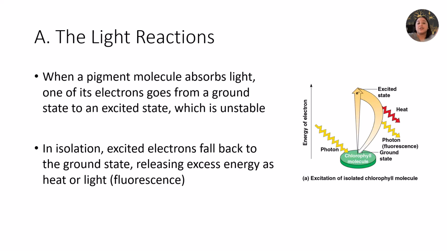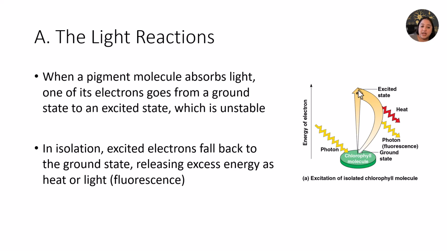So now this all comes back to the light reactions. We took a tangent to learn about light, but it's for a reason. So when a pigment molecule absorbs light, one of its electrons goes from a ground state to an excited state, which is unstable. And so this is what this picture is showing. If this is a chlorophyll molecule, and this is also kind of like a graph, as a photon hits, it excites one of its electrons and it goes to high energy.